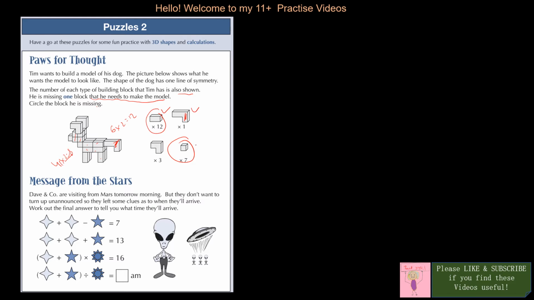So I think we need one more. So this one is missing. So I think we can say that the missing block is the cube. Okay, so that's missing.